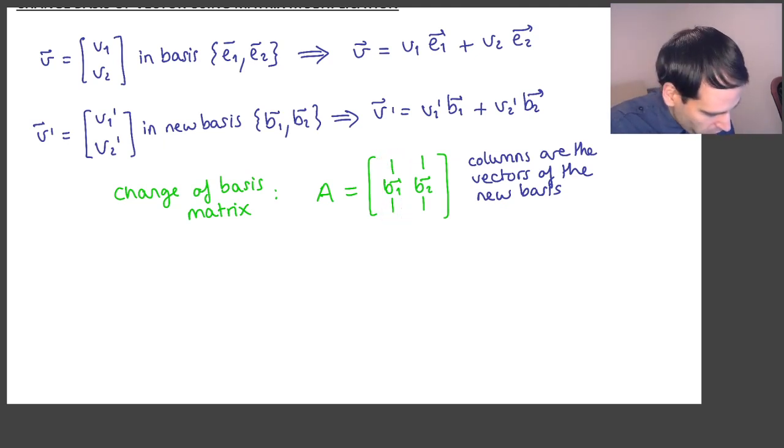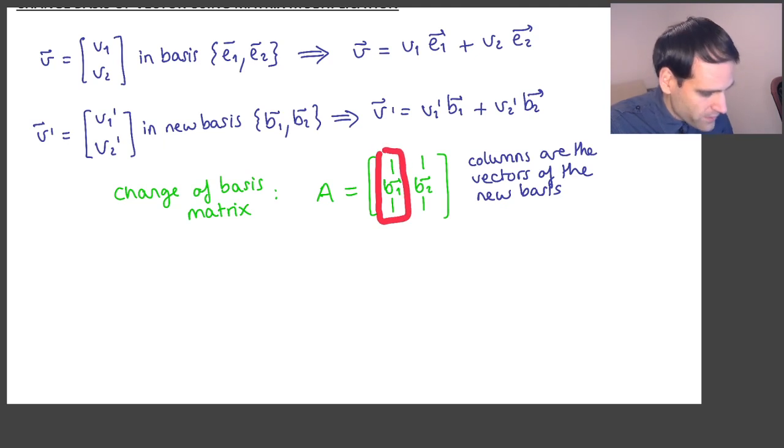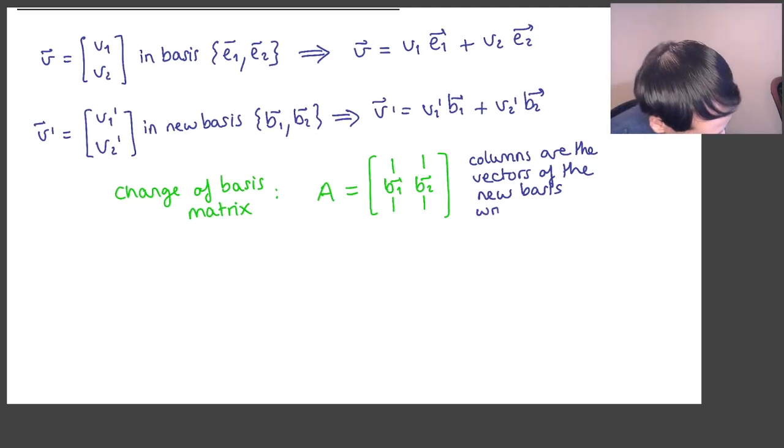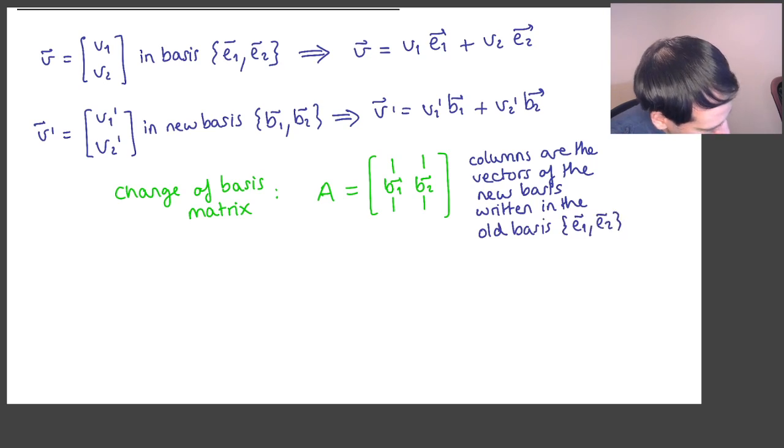So this vector v1 has to be written in the original basis e1 and e2. Okay, so written in the old basis e1 and e2, while the new basis is v1 and v2.